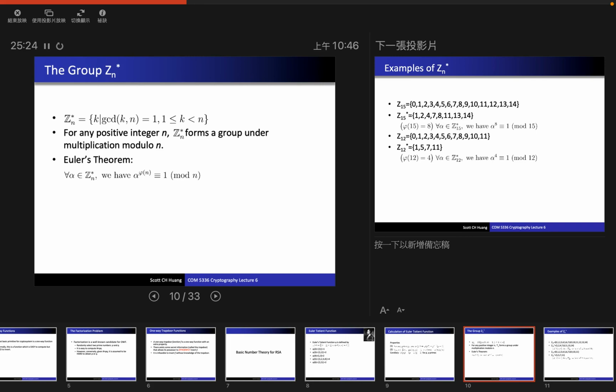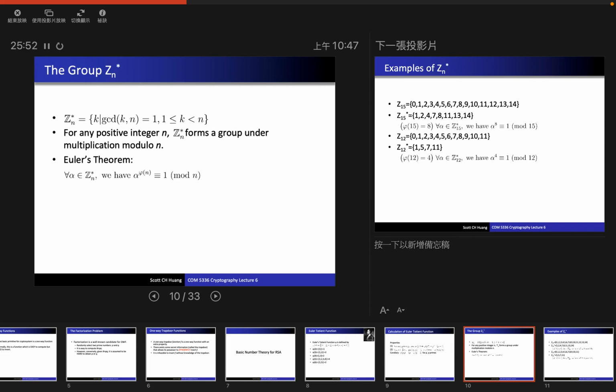It's trivial because 1 raised to the power of anything must be 1. So it holds, but it's trivial. For the non-trivial ones, for example, you take 5. You know that phi 12 is 4.